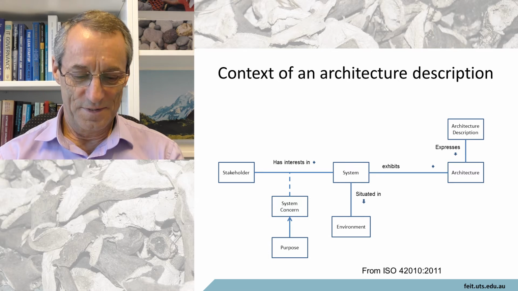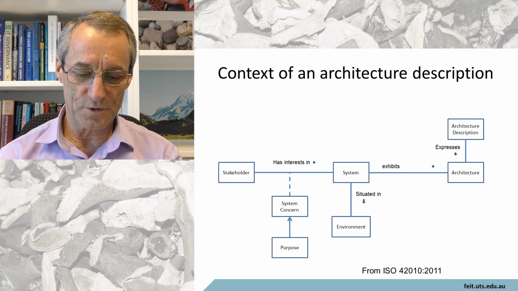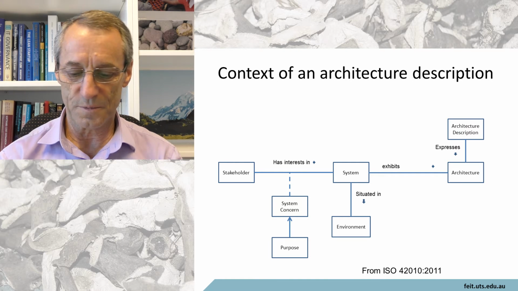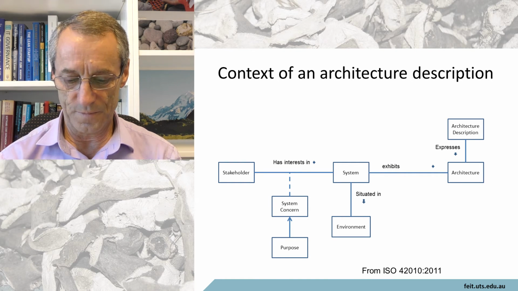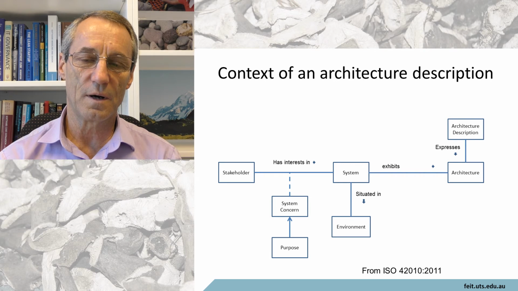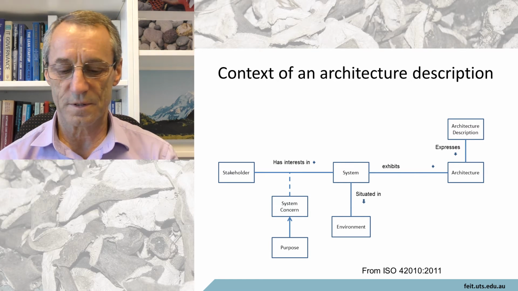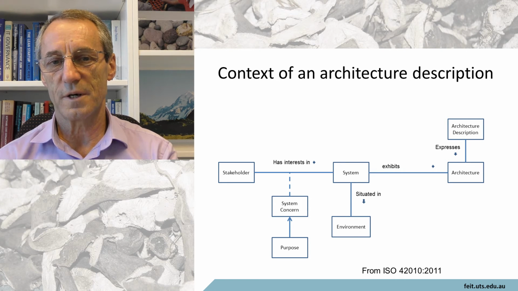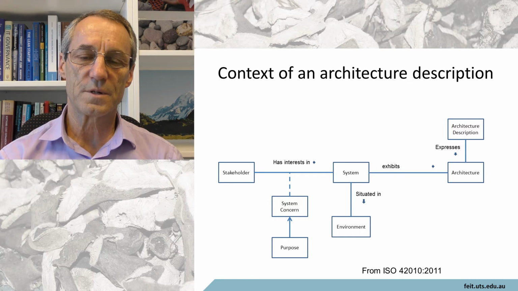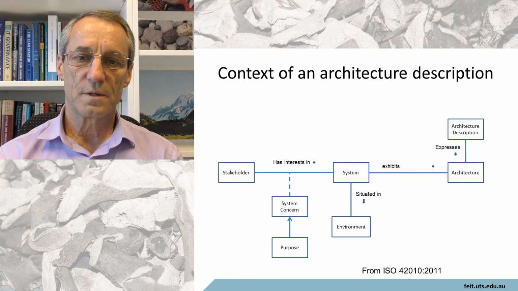Back to the context. The context of an architecture description, they have it there. They're interested in the system concerns, the environment of it all. Now, I have said previously in this lecture that the context of an architecture should include the stakeholders and their objectives, the constraints and the risks.